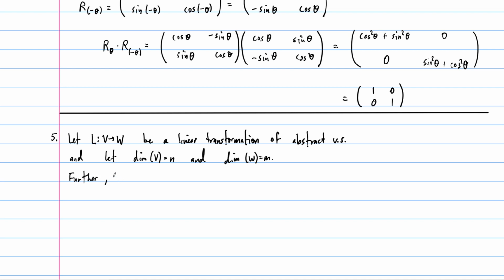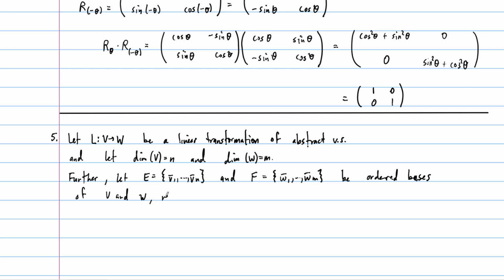Further, let E be a basis v1 to vn, an ordered basis, and we'll call this one F. This one's going to be w1 up through wm. Let these be ordered bases of V and W respectively.